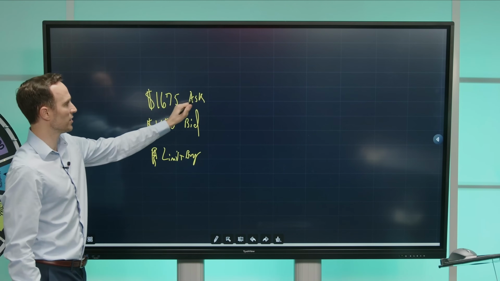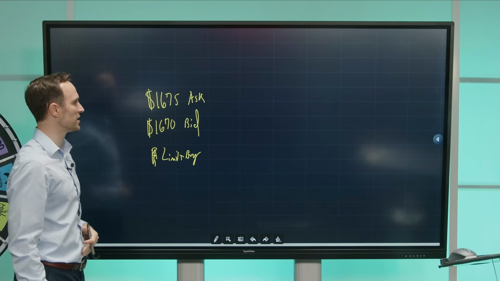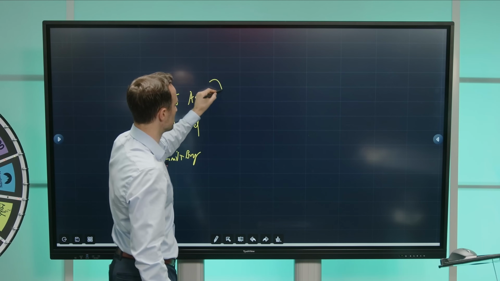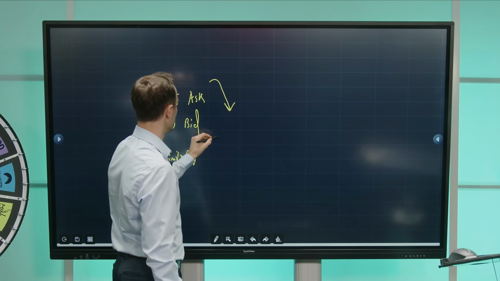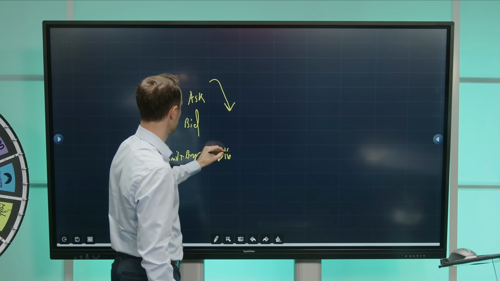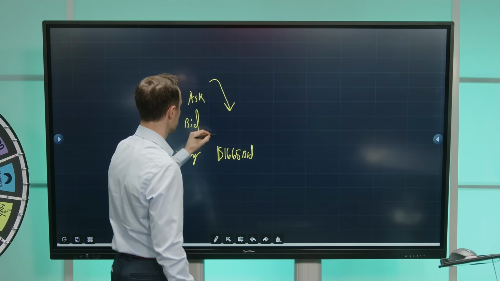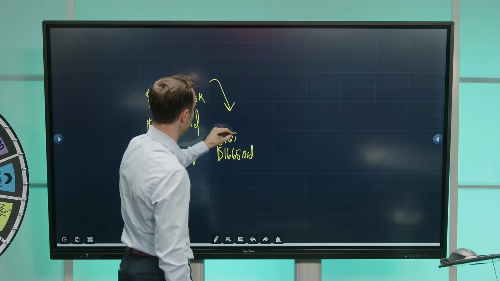So the sellers are sitting right here saying, I only want to sell this stock at $16.70, right? Well, let's say the price comes down, and now the bid is $16.65. This is your new bid, and the ask is now $16.70.